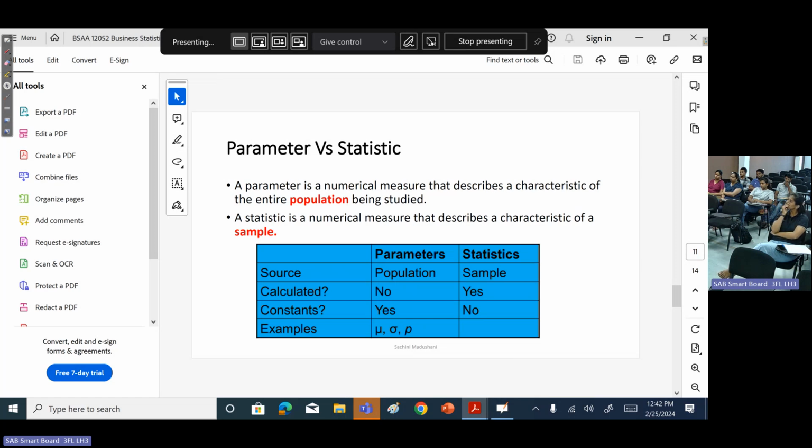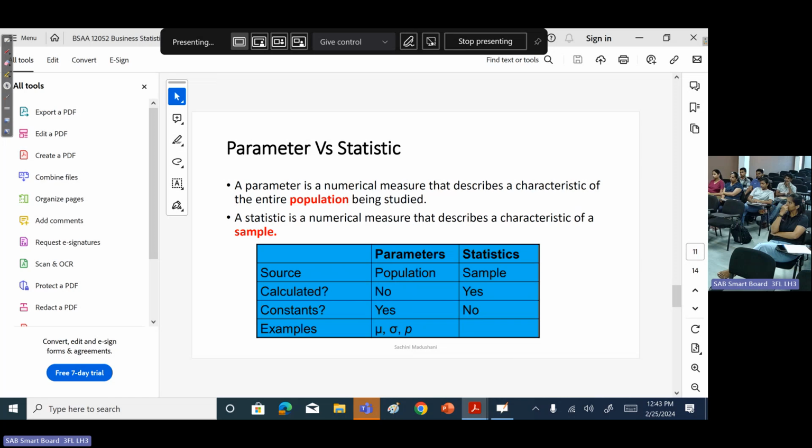Then how to get the value for the population parameter? We can only calculate the sample statistic value. We can calculate the sample mean, sample median, sample proportion, those things. We cannot calculate the population parameter. If we want to take the population mean value, it cannot be calculated.